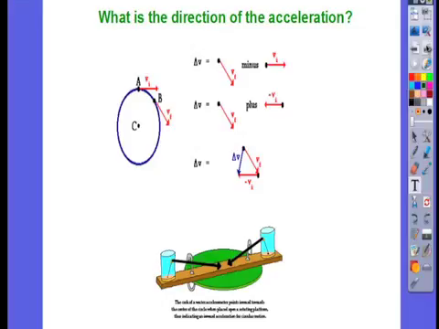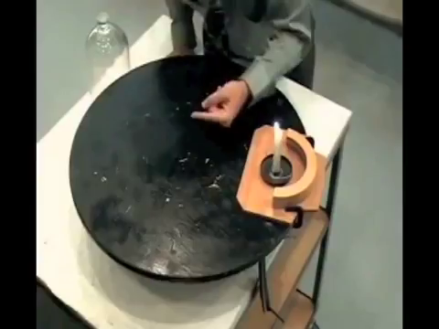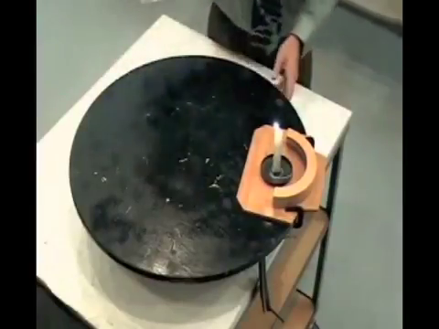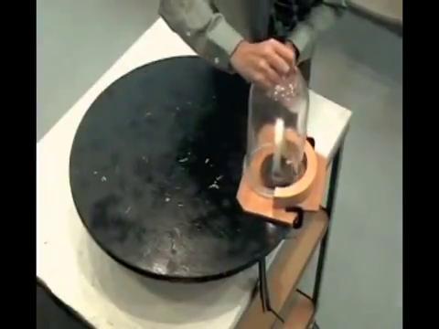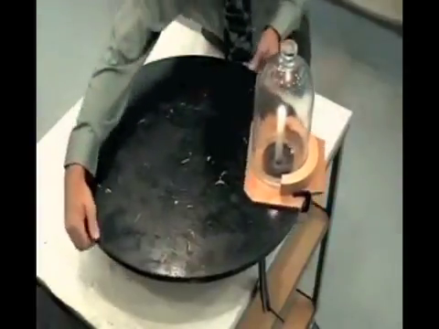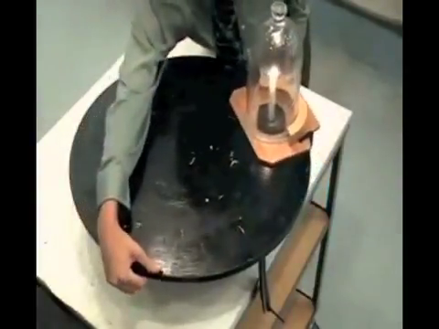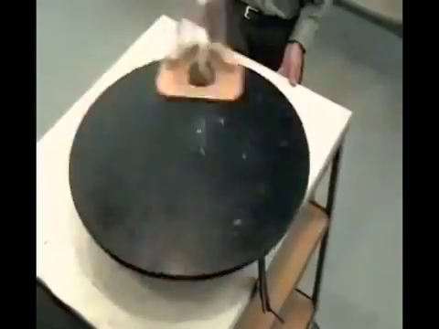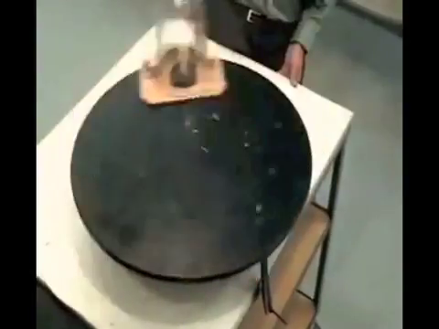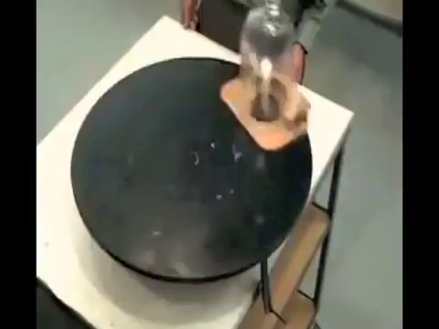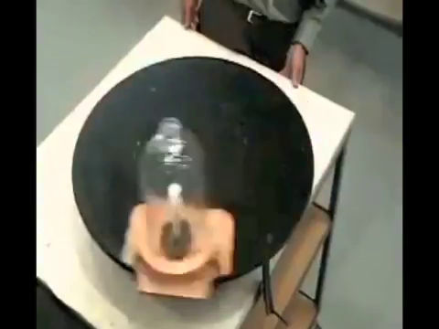It doesn't matter which 2 points I pick on this circle. If I find the change in velocity, that vector will always be pointing inward to the center of the circle. You can look at that experimentally. If you just search YouTube and you look at centripetal acceleration, they show you where they put a flame, a candle, inside of like a glass cylinder, and they spin it really fast in a circle, and you can actually watch the flame point to the center of the circle.